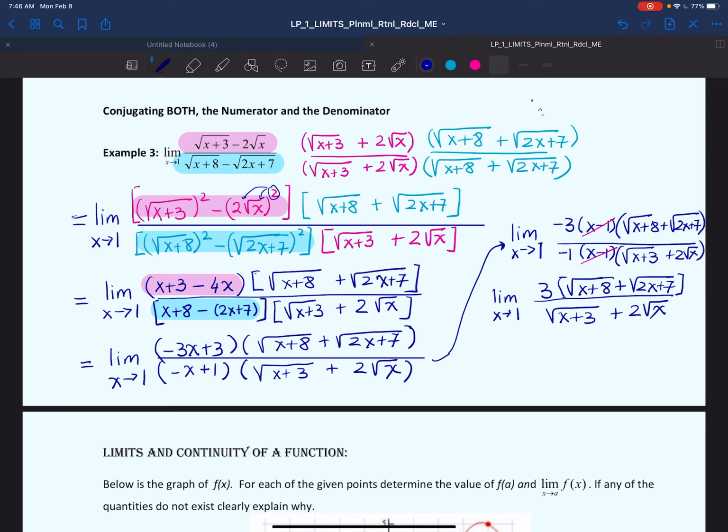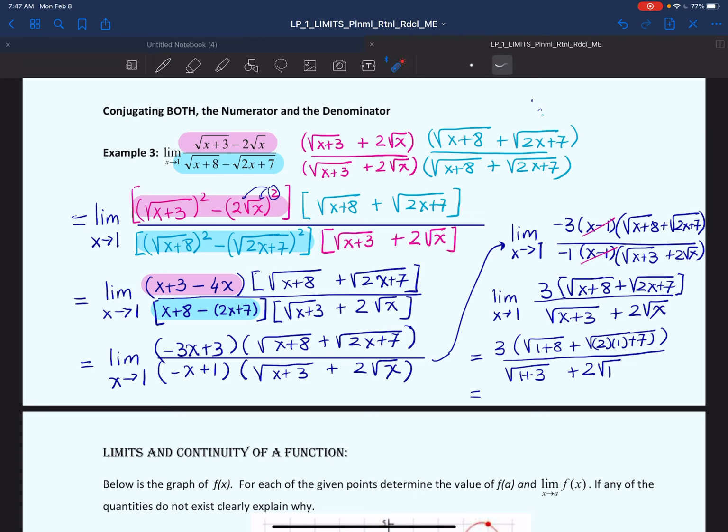And now we are going to substitute it and see what the value of the limit is. So 3 times root of 1 plus 8 plus root of 2 times 1 plus 7, over root of 1 plus 3 plus 2 root of 1. Again, here we get the root of 9, which is 3, right?